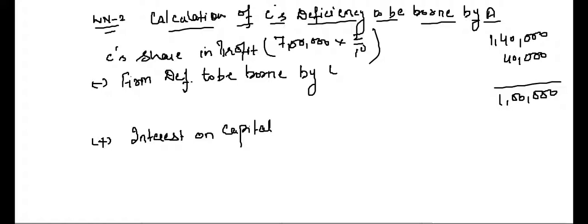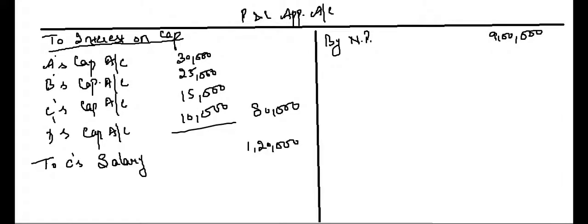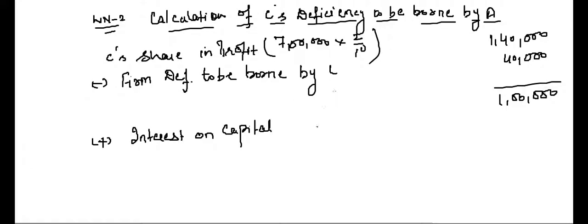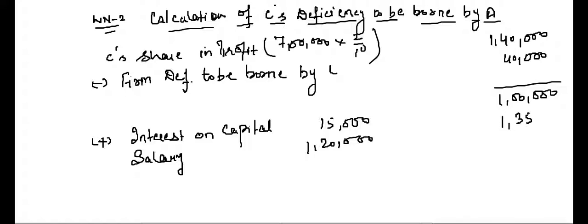What was interest on capital for C? 15,000. Right? And what is the salary? 10,000 per month, 1,20,000. So we have 1,35,000. A total of 2,35,000. Clear?